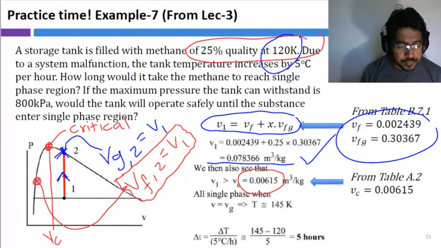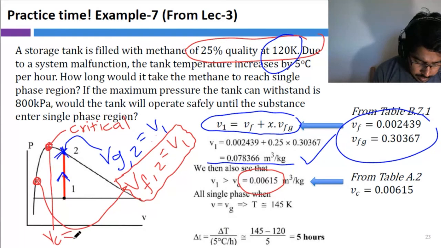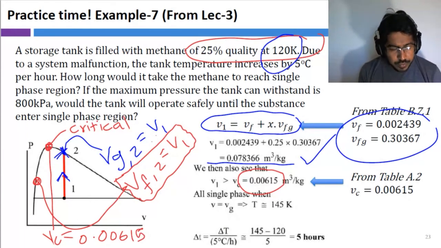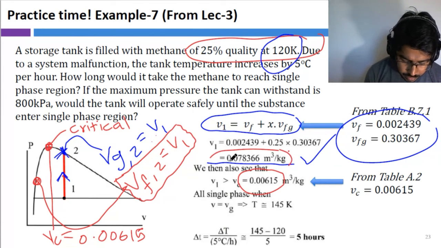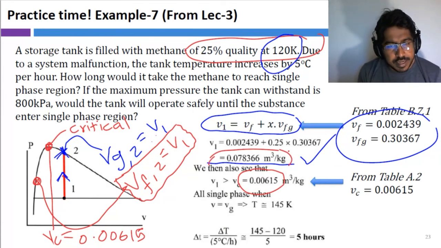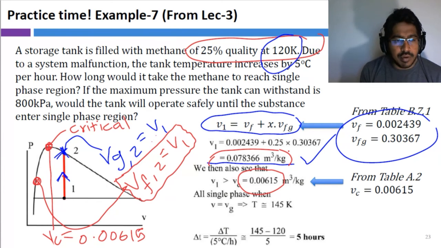Okay, so V critical is 0.00615 cubic meters per kilogram, right? And our specific volume is given here to be 0.078, which is greater than VC.